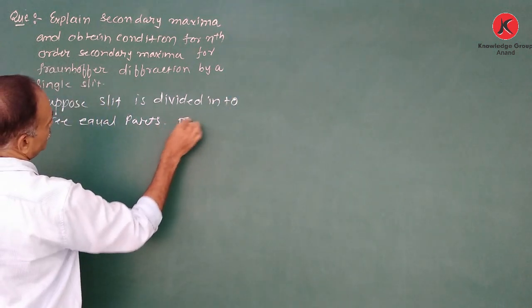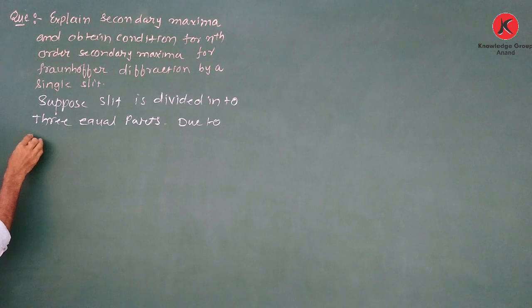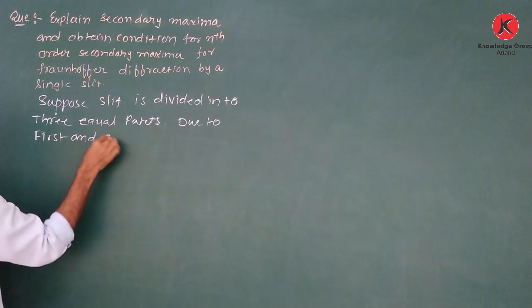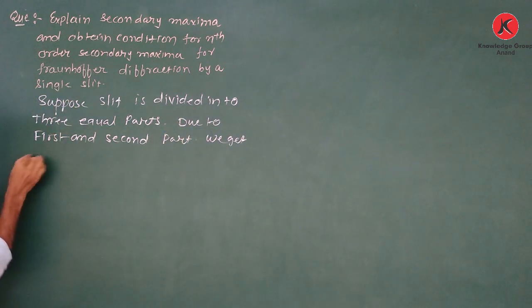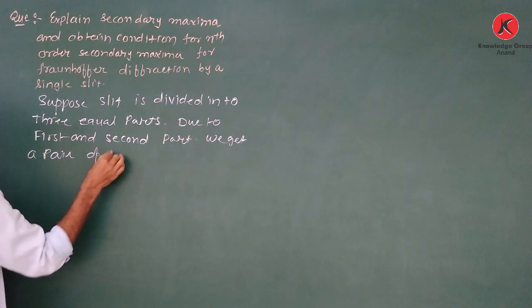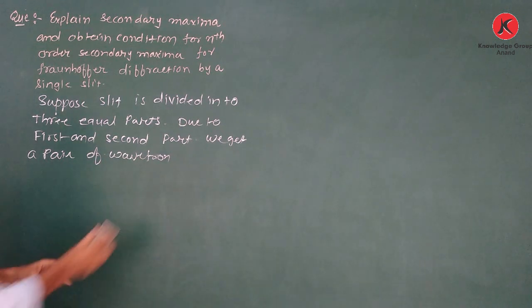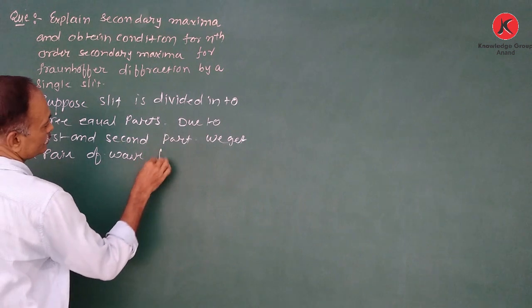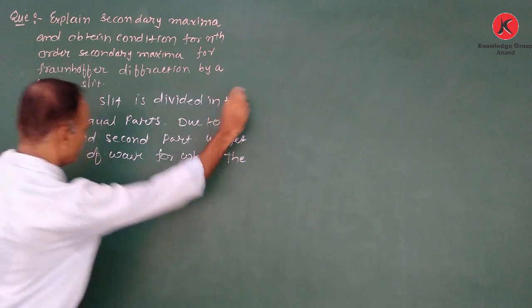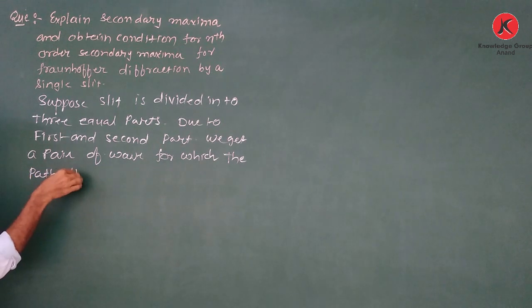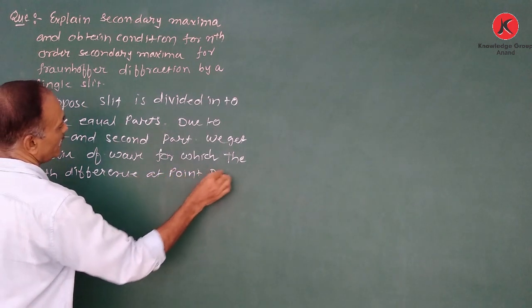Now, due to the first and second part, we get a pair of wavefronts for which the path difference at point P is 0.